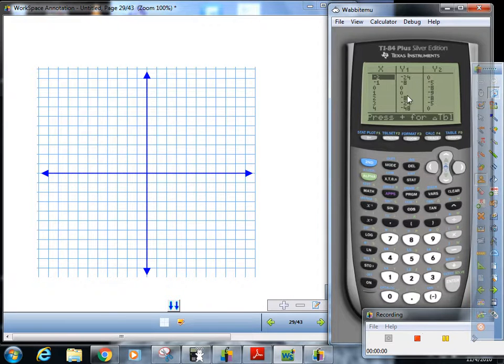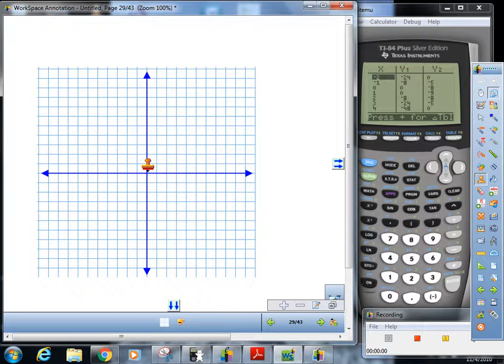This is the first graph, so I'm going to graph this one in blue. 0, 0 is on that one. 1, 0 is on that one. 2, negative 8 is on that one. Negative 1, negative 8 is on that one. And let's see, that means the vertex must be in between 0 and 1, probably right here.